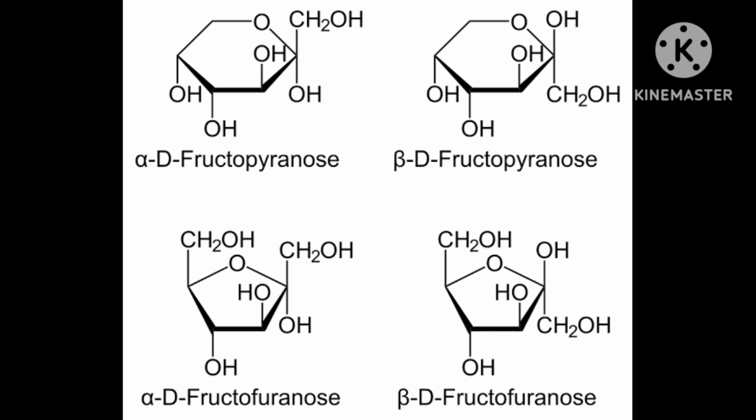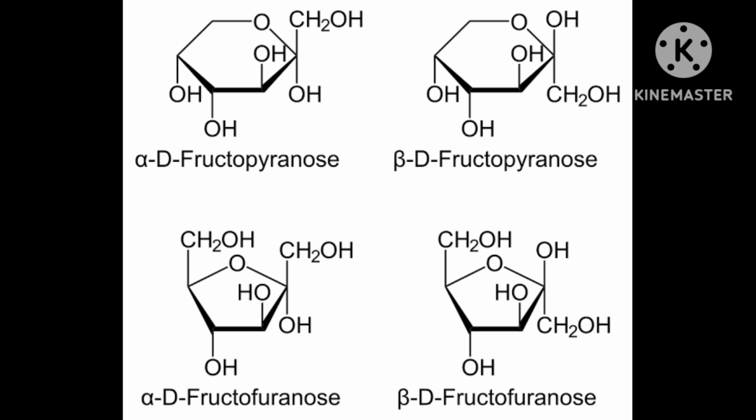The ring thus formed is a 5-membered ring and is known as furanose. Glucose was known as a pyranose because it was matching with the pyran structure. In the same way here it is matching with furan, F-U-R-A-N, furan. That's why fructose is known as furanose, by analogy to the compound furan.